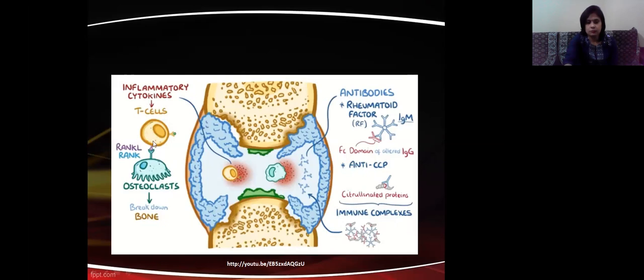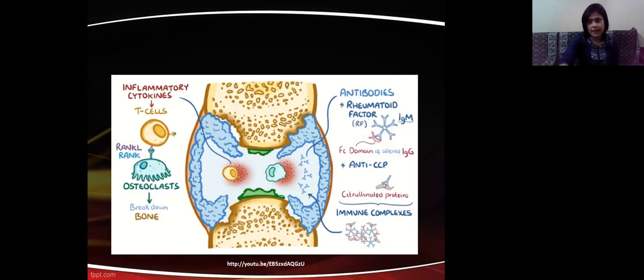Now, in addition, these inflammatory cytokines will increase the protein on the surface of T cells known as RANKL. RANKL means receptor activator of nuclear factor kappa B ligand.